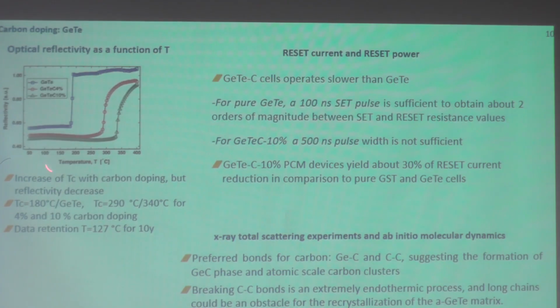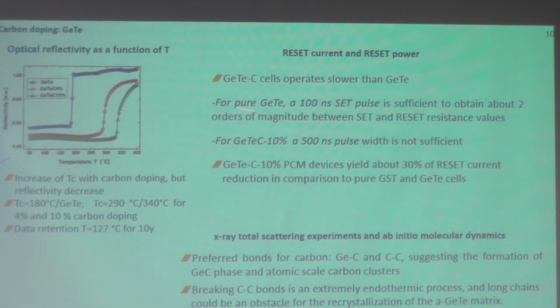Such doping also increases TC to even 340 degrees C if you introduce 10% of carbon doping, and it also increases accordingly the data retention, to 130 degrees C for 10 years.